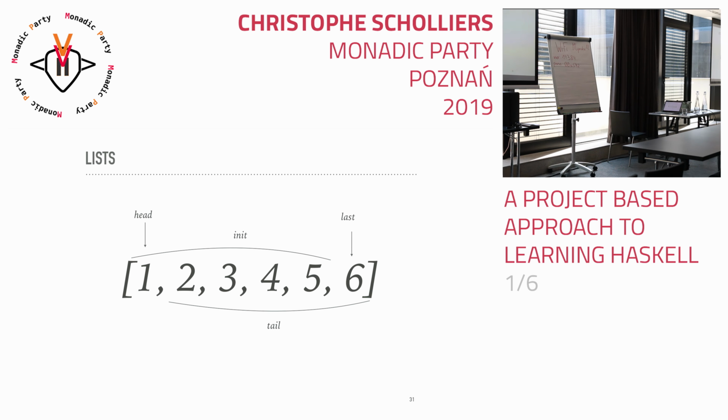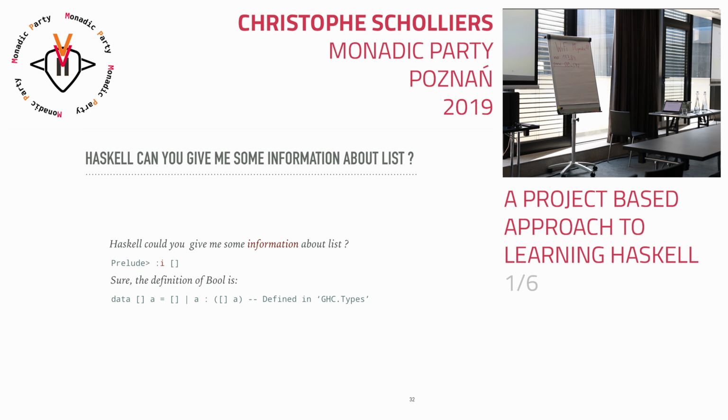The way that you write it in Haskell is with these brackets and then a comma between the elements. Just as we did with Bool, we can also ask for some information about lists. This is a bit of a weird thing, because this is actually the name.